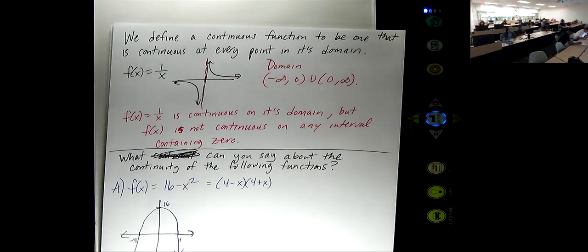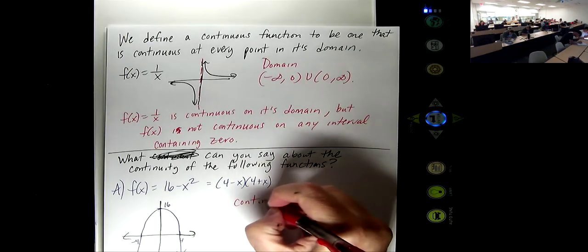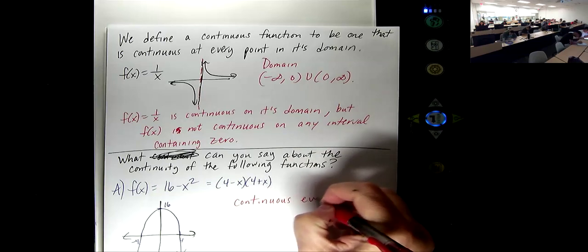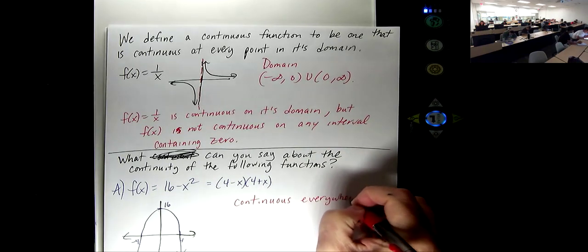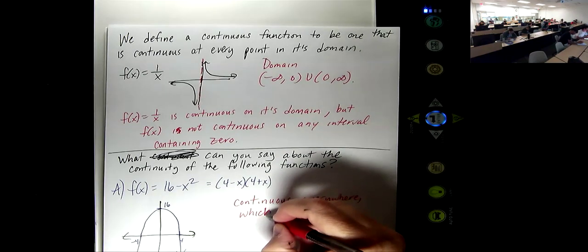Are there any holes? It's continuous. F of x is continuous here. And it's continuous everywhere, which is true for all polynomials.